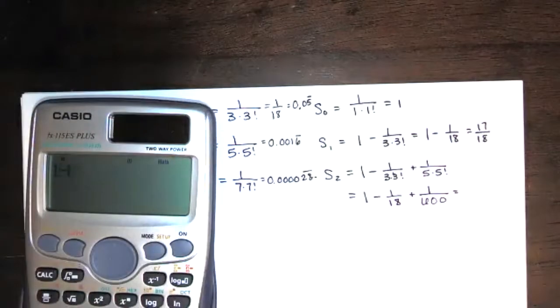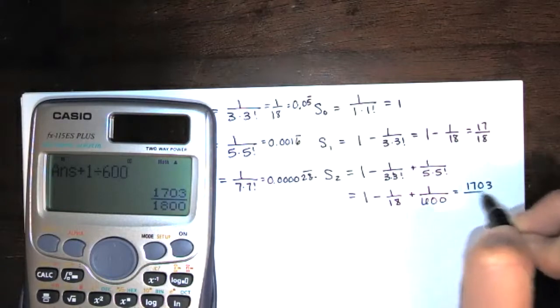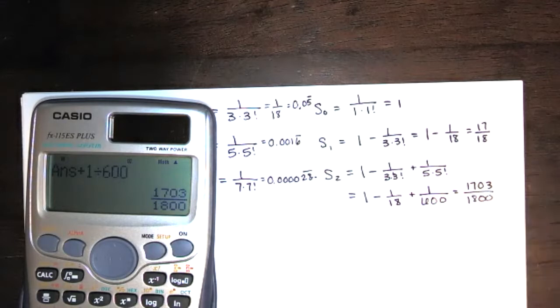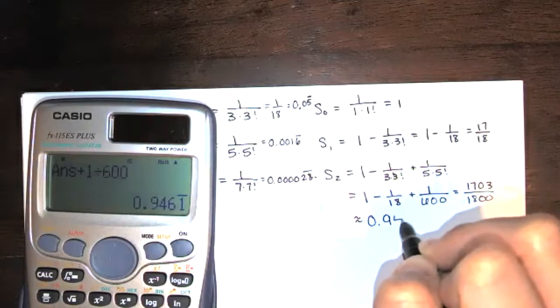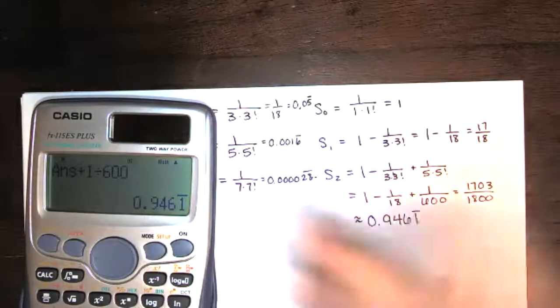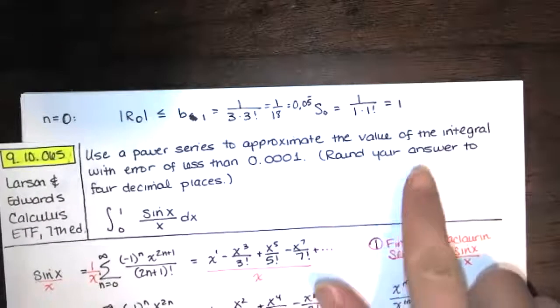So I've got 1 minus 1/18th plus 1 over 600. And we can get a decimal approximation for that. So that's 0.9461 repeating. And I'm not 100% sure what they want in WebAssign, but they do say to round to 4 decimal places.